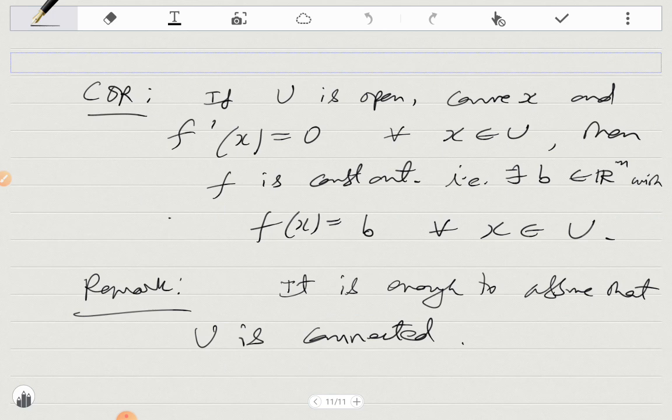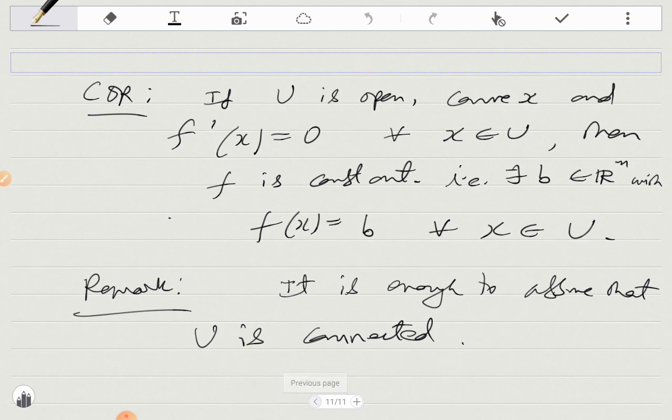But if one just wants the corollary, one doesn't need to assume that U is convex actually. It's enough to assume that U is connected. This is a problem in Rudin and I have assigned it as homework. You must first note that convex sets are certainly going to be connected but connected sets need not be convex.